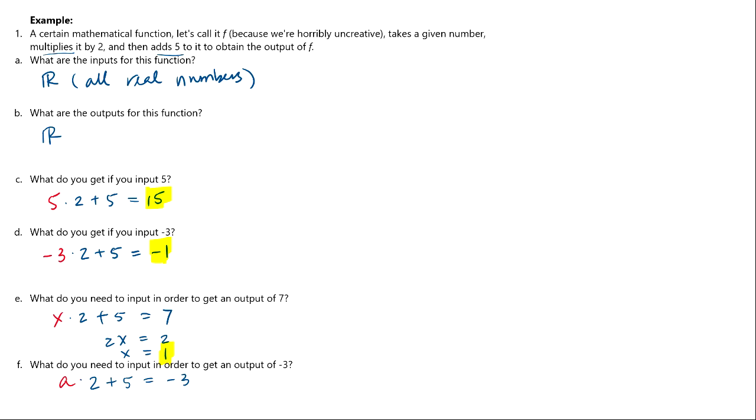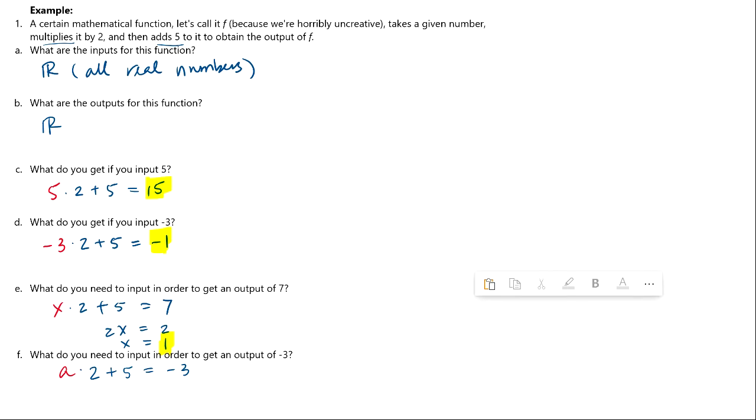To get the final answer, we can again solve the equation the same way by subtracting 5 first, and we'll get 2a. -3 minus 5 would be -8. Now divide everything by 2, and we get a is equal to -4. So here we would get the input is equal to -4 as a result.